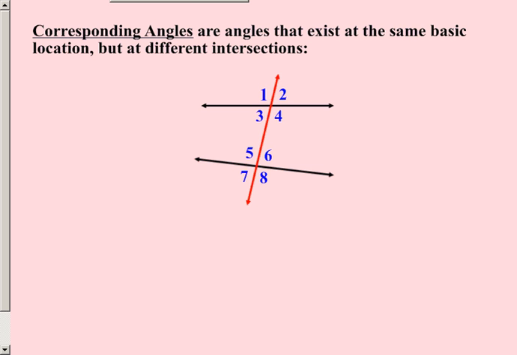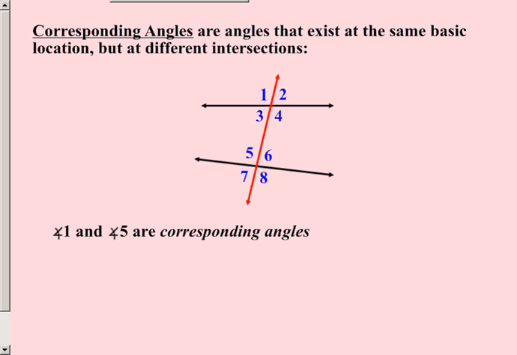Okay, so considering this diagram that we already have, corresponding angles are angles that exist in the same basic location but at different intersections. And like all of these definitions are going to be, this is in regards to the position of the transversal. So from one intersection to another intersection along the transversal.